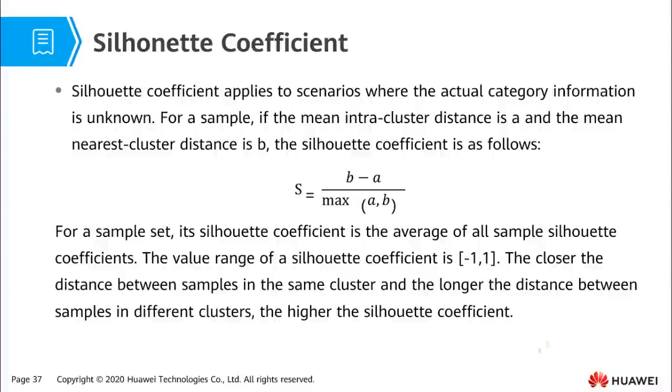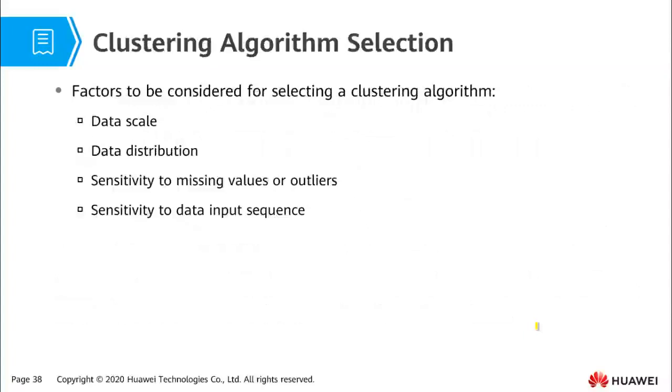The closer the distance between samples in the same cluster and the longer the distance between samples in different clusters, the higher the silhouette coefficient. In addition to technical specifications, you need to consider the data scale, data distribution, and sensitivity to missing values or outliers, and sensitivity to the data input sequence when selecting a clustering model.